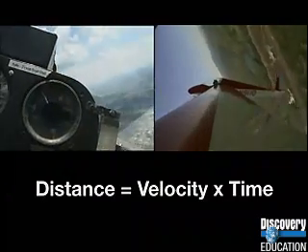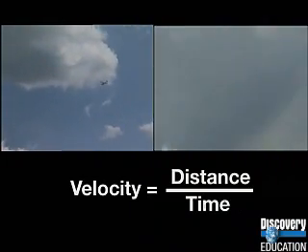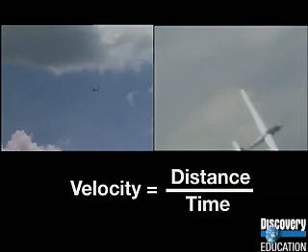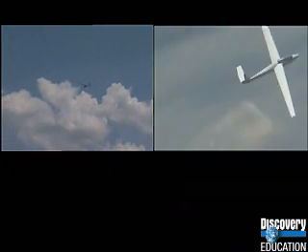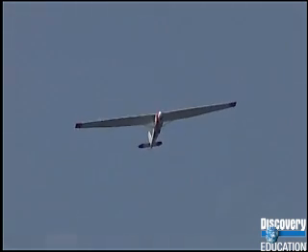Distance equals velocity times time is an important equation, and you carry it in your head. The velocity is the distance divided by the time, so you want to use it sort of backwards and see, are you making your pre-flight plan, making it good? Are you falling behind? On a long flight, you have a timeline that tells you where you have to be every 10 minutes.